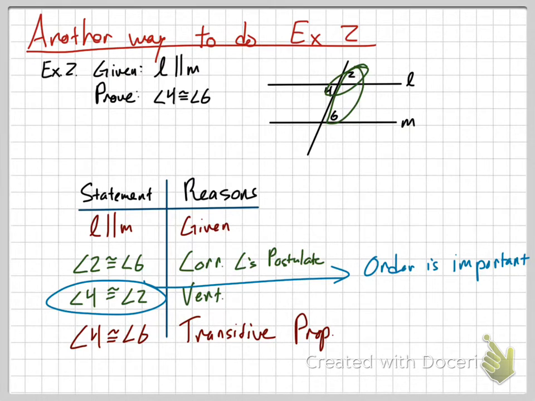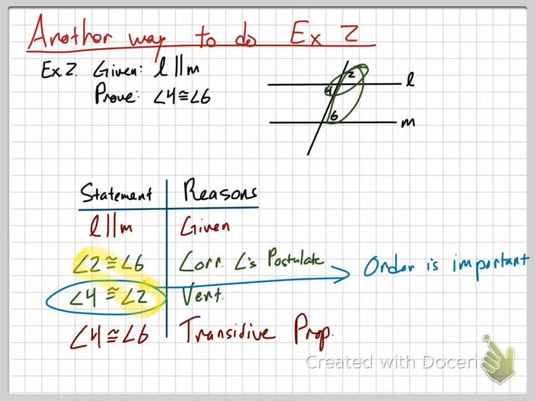Now, another way we could do this same example is that it's okay if we switch the order of step 3. In the first example, we did angle 2 first and then angle 4 second. It's okay if you switch the 4 and the 2 here, but notice what happens is now the angle that's being used twice is on different sides of the equal sign.